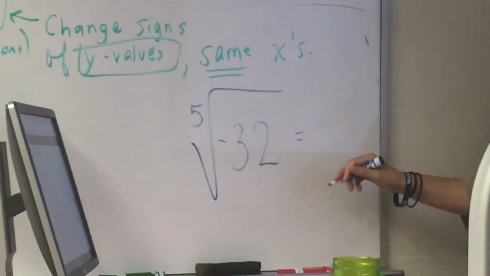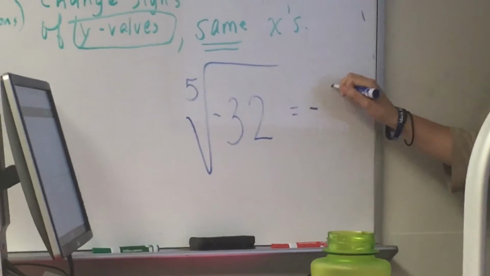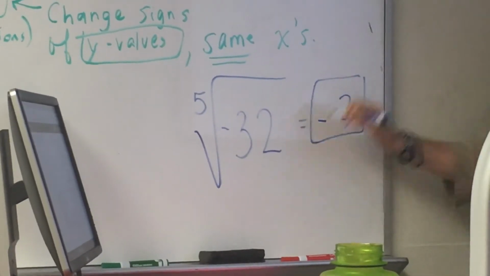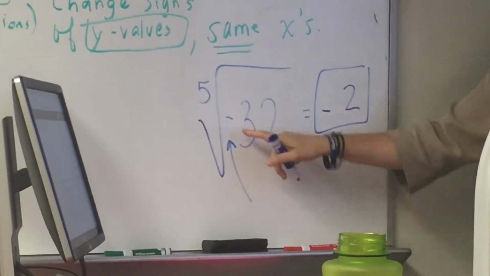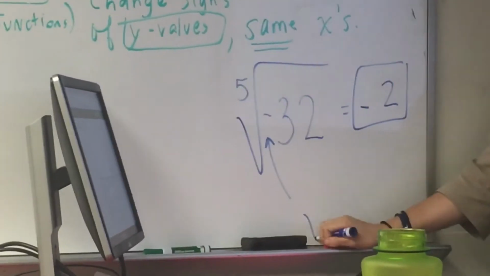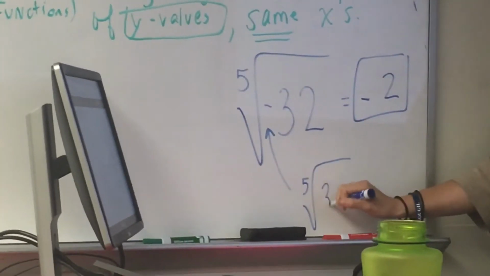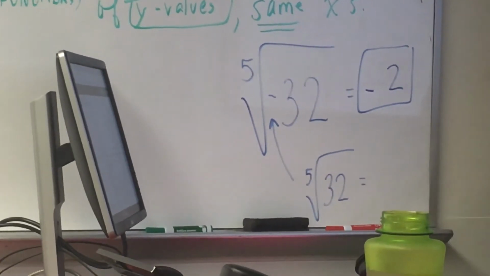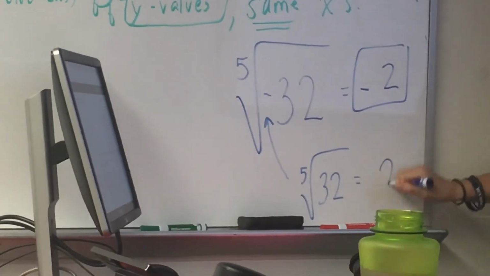There is, actually. Do you know what it is? Negative 2. Yeah, good job. So when I put in negative 32, that's like my x here, I got a negative 2. But what would happen if I did the fifth root of positive 32? It would just be 2.